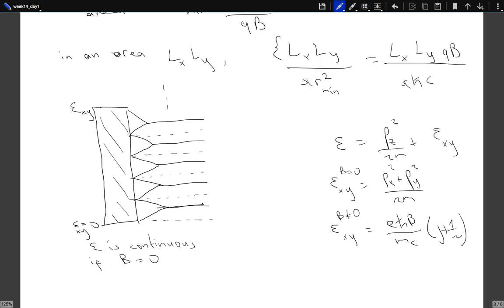Then to calculate the density of states, we can count the number of states over here.